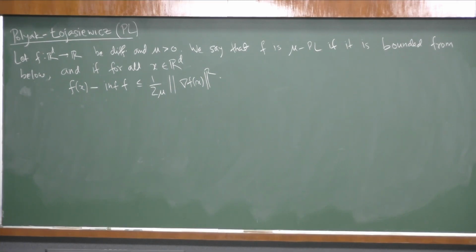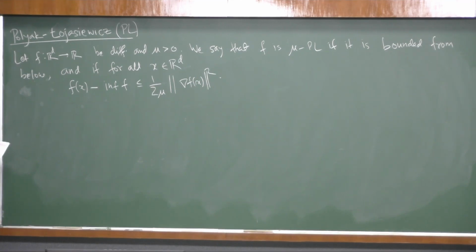Okay, so let us see the consequences of that. You may play around with some function plots and so on. I will give you an exercise to prove that a function satisfies PL but is not convex.